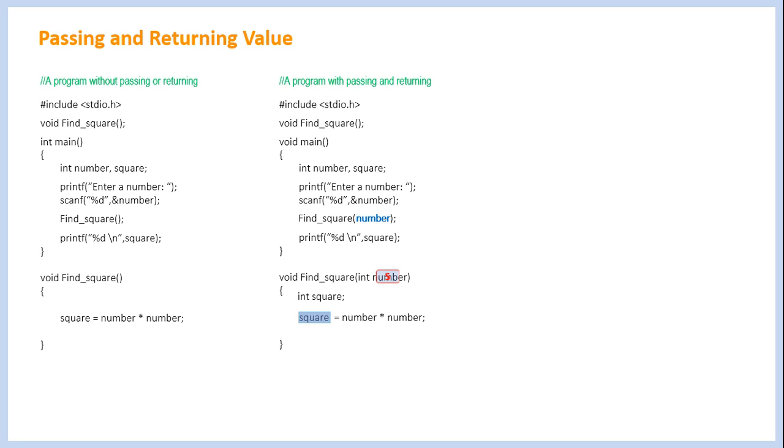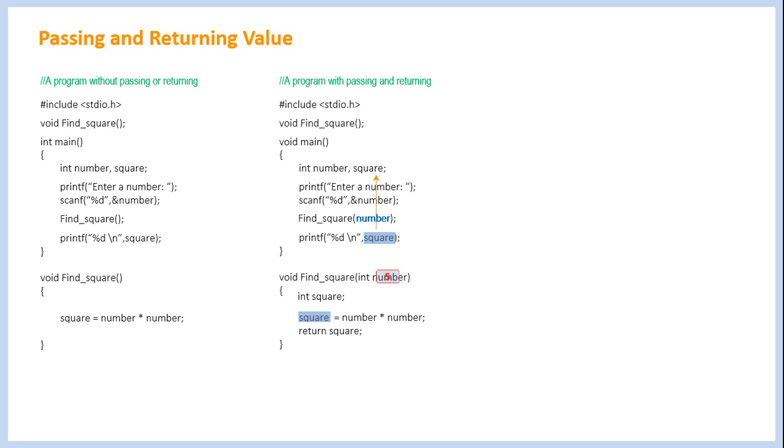But the bigger problem is still here. When you try to display square, variable square is referring to variable square in main, but the actual value is in variable square of functions. So what to do?